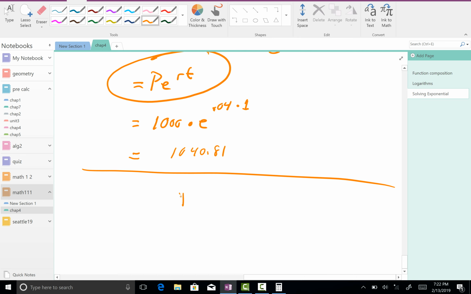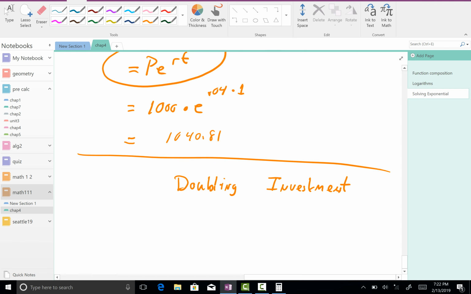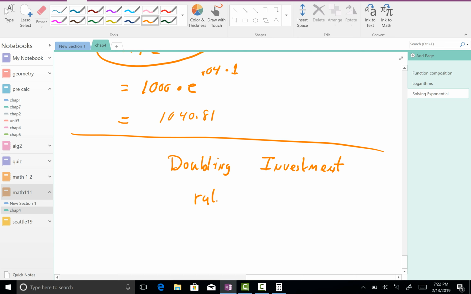They talk about a doubling time, like doubling an investment. Okay. And there used to be an old thing called the Rule of 72. They don't even mention that in here because I think it's pretty old.